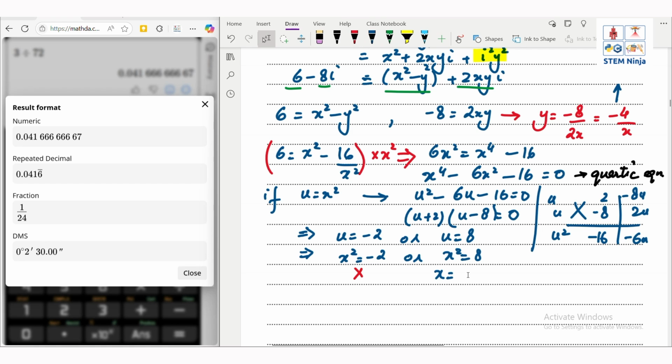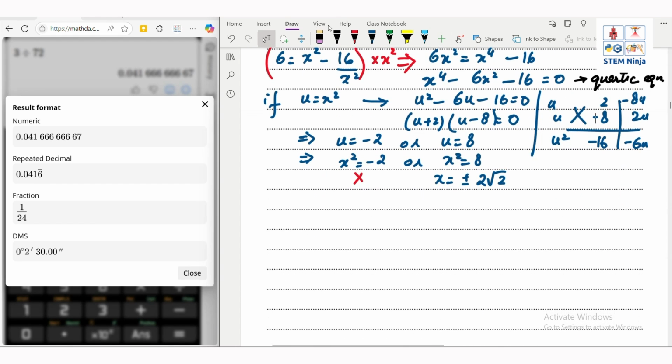So x would be plus or minus square root of 8, which is 2 square root 2. Now, we said y is equal to minus 4 over x, so that's what we have to do over here. When x is 2 square root 2, y would be minus 4 over 2 square root 2.